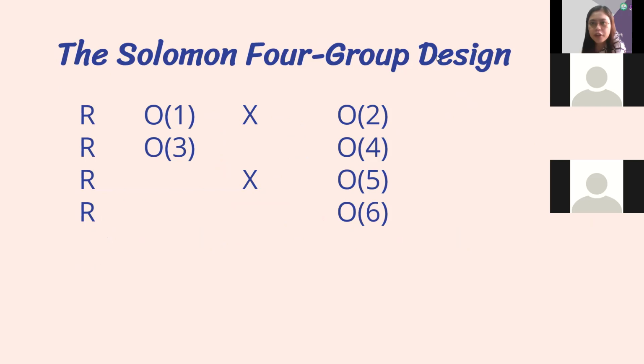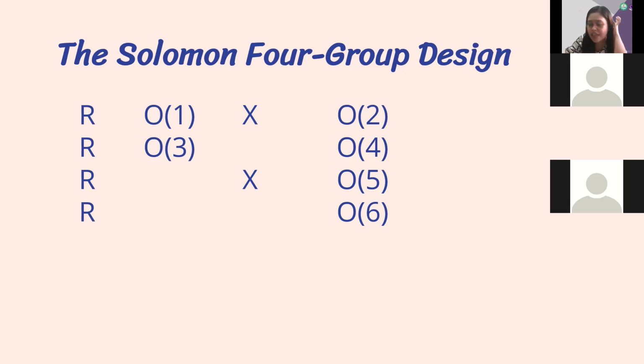Next, the Solomon 4 group design. This one is a very sophisticated research design, actually highly sophisticated. So, kapag ganito ang research design ng study ninyo, medyo mahirap siya, pero this one is being accepted. Taas siya og level.